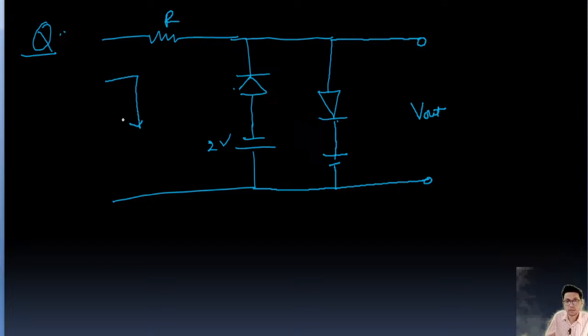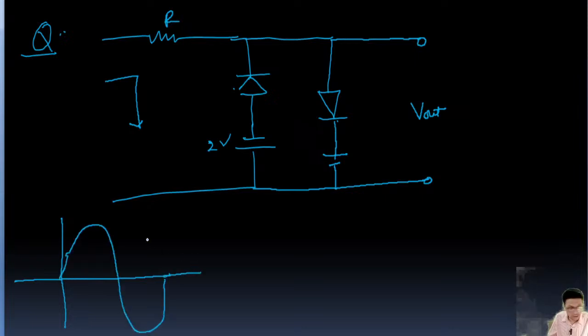This is clockwise. Okay, so now you can see here, we have this input graph like this. This is the graph, and this is given. Now you can see, if you give positive half cycle, this is going to be a reverse bias. This is N, this is P, and this is P, this is N, right? This is going to be forward bias.